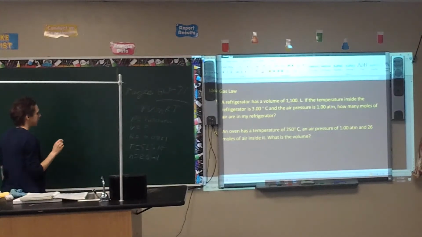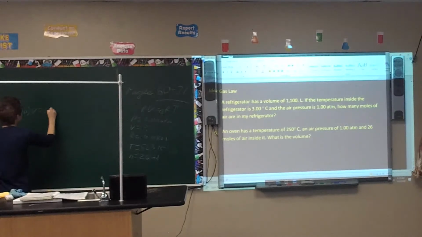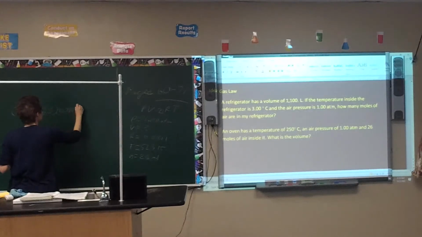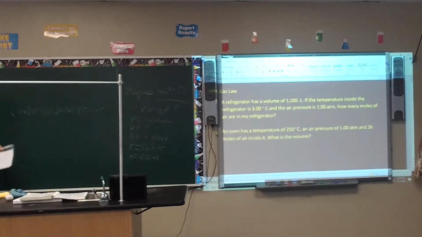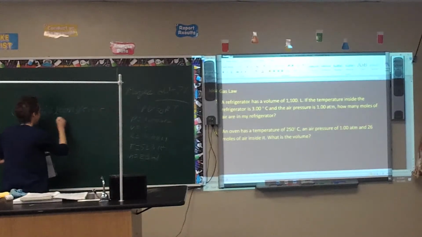Plugging this into my equation now. P is 1 ATM, I don't know what V is. Number of moles, 26, 0.0821, temperature, 523.15. How do I get V by itself? Right, I divide again.